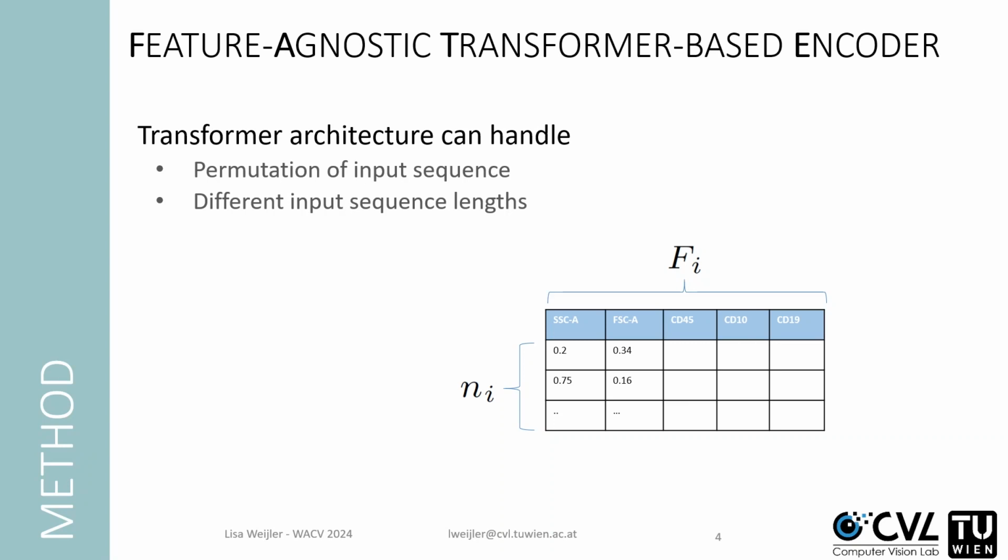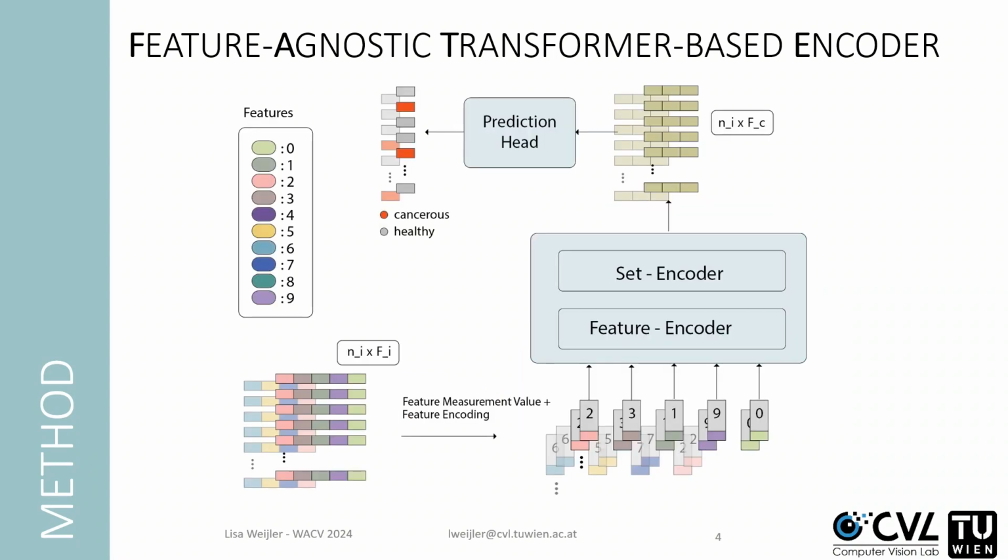We can separate our architecture in two parts. The feature encoder part, which corresponds to processing varying features and learns the relationship between them, and the set encoder part, which corresponds to processing varying amount of feature vectors and sets the events of one sample in relation to each other.